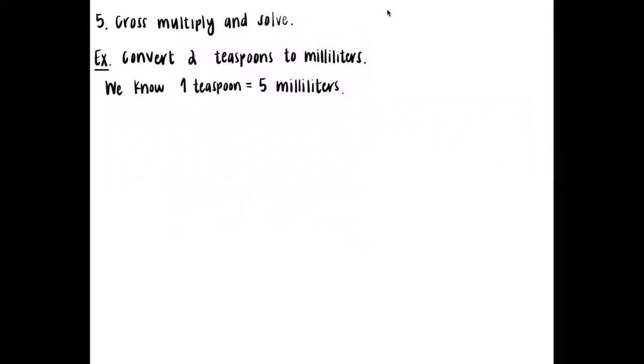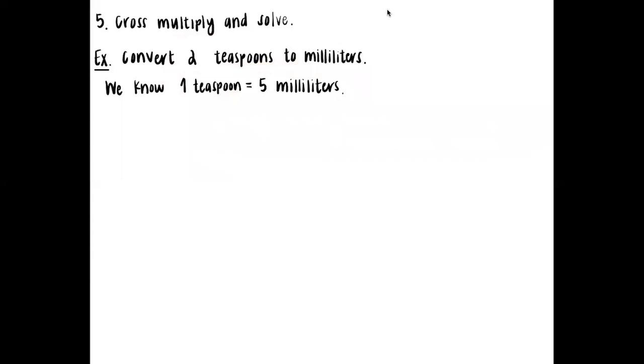So let's look at it. Our first example is convert 2 teaspoons to milliliters. Well, first things first, we need to know the conversion factor. We need to know what is the relationship in general between teaspoons and milliliters. Where are they equivalent? And that is here. 1 teaspoon is equal to 5 milliliters. So with setting up a proportion of this being one fraction and then this being the second fraction, we can go ahead and solve.